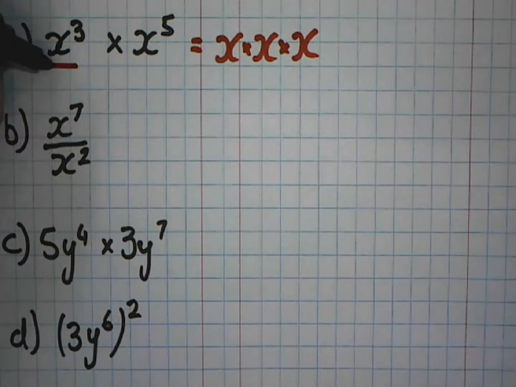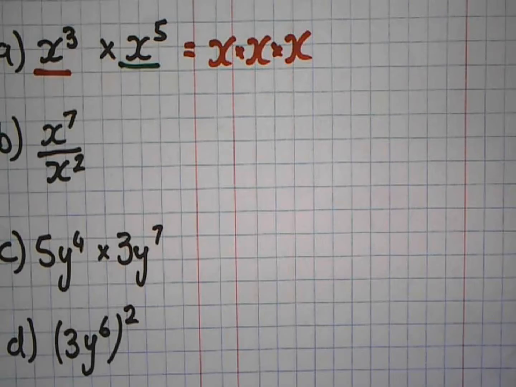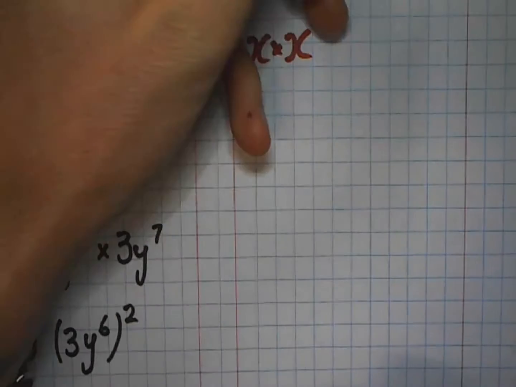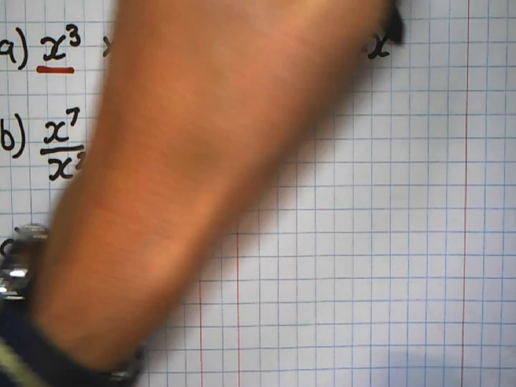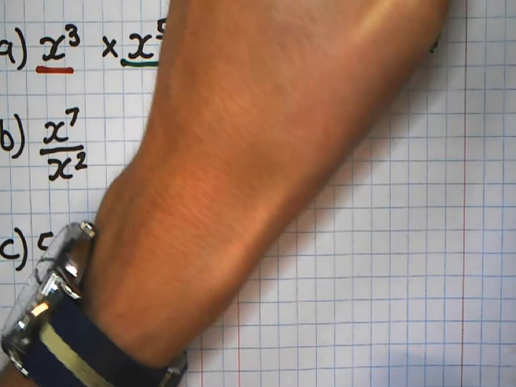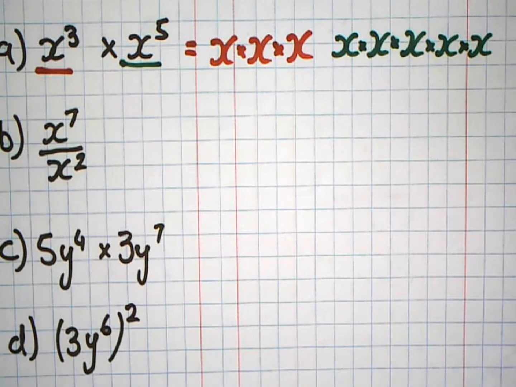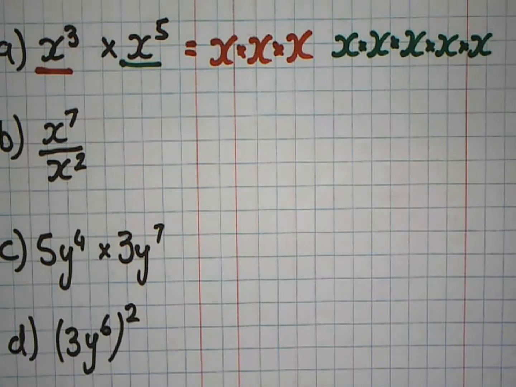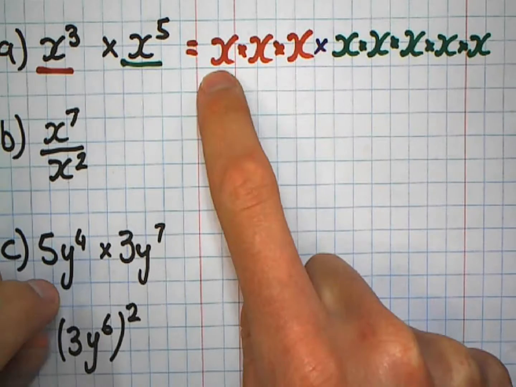And if we think about what x to the power of 5 is, that is x times x times x times x times x. And we want to times these two together. Now you can see all of these have been multiplied.